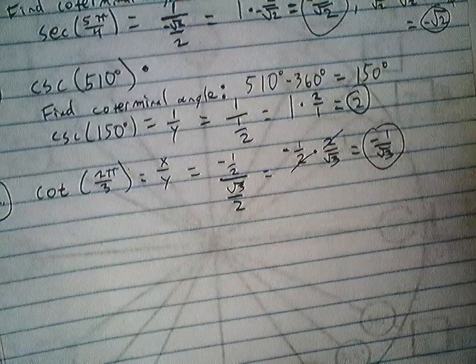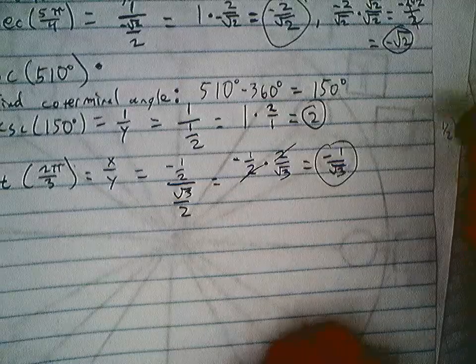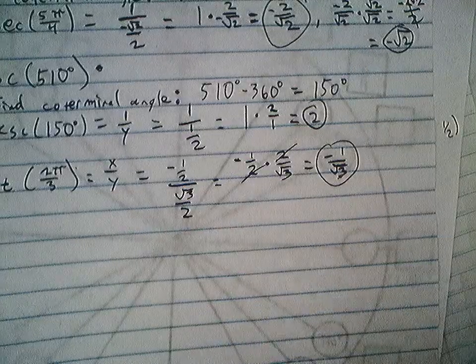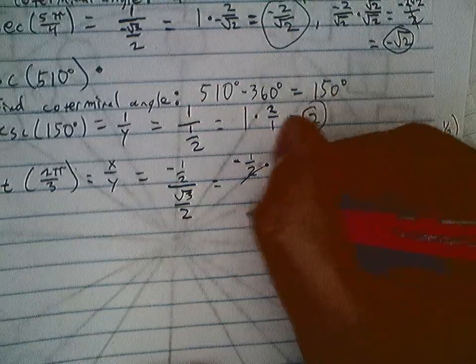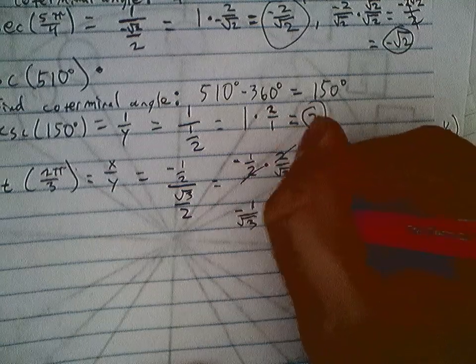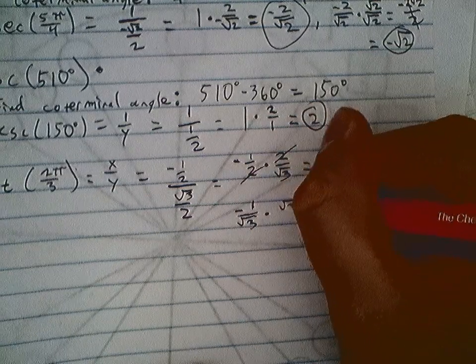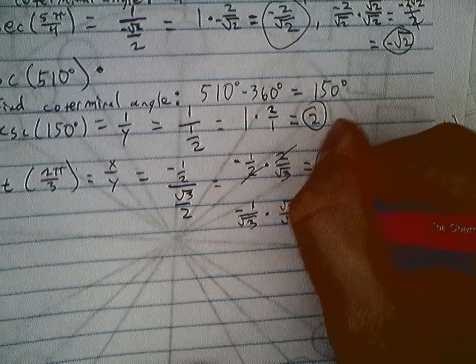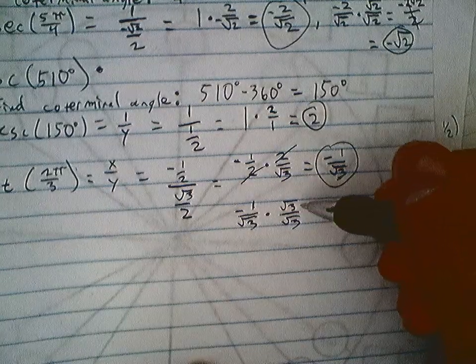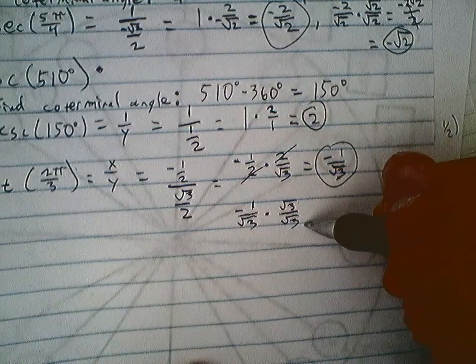So this is an exact answer, but it is not completely simplified. Remember, if I want to completely simplify it, I've got to rationalize the denominator. We rationalize the denominator the same way each time. Whatever radical is on the bottom, multiply by a fraction with that radical on top and that radical on bottom.